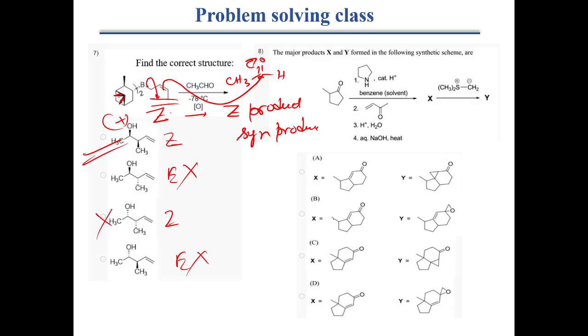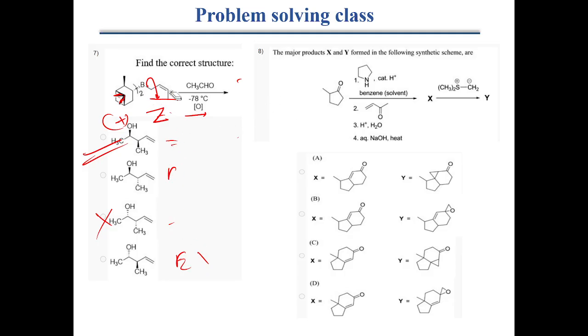What is the next question? The major product of X and Y. So what is happening? This is the example of Robinson annulation. So the cyclopentanone will react with this.